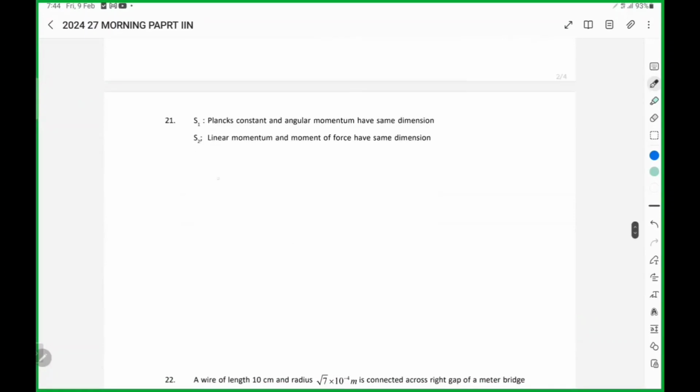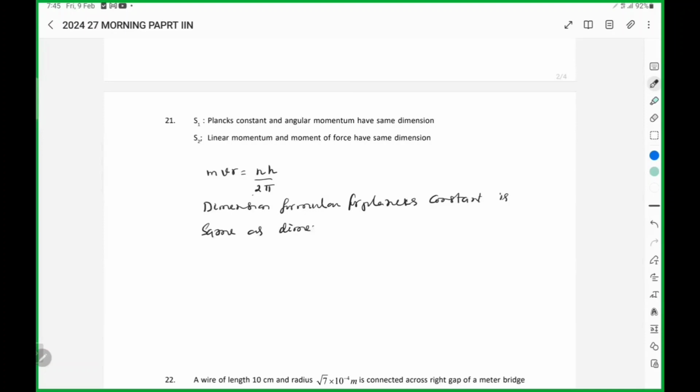So Planck's constant. We know this formula, mvr is nh by 2 pi. h is Planck's constant; n and 2 pi are constants. The dimensional formula for Planck's constant is the same as the dimensional formula of mvr.